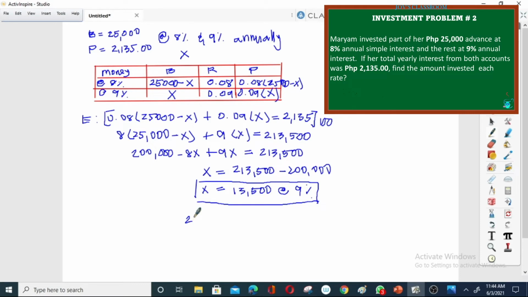And 25,000 minus 13,500 is equal to 11,500 at 8%.